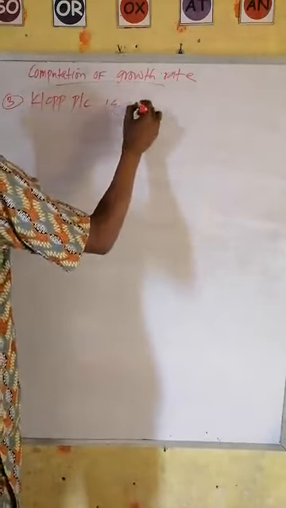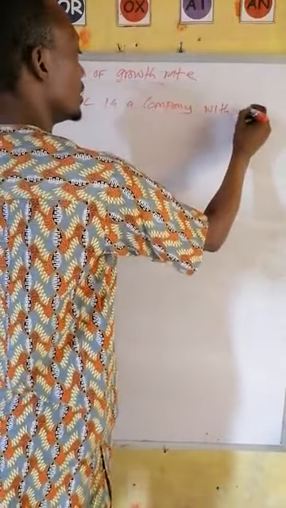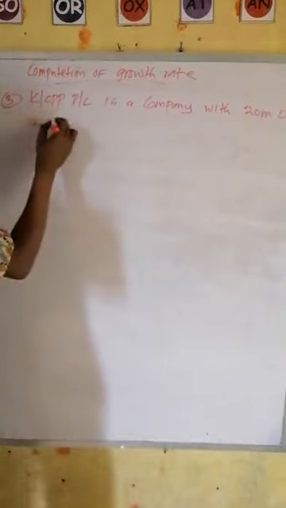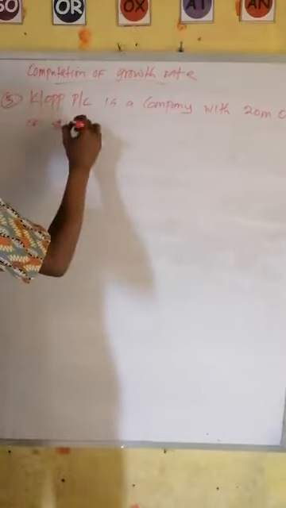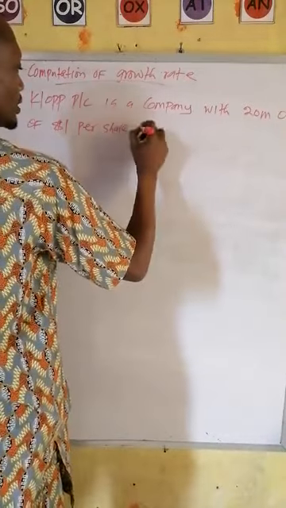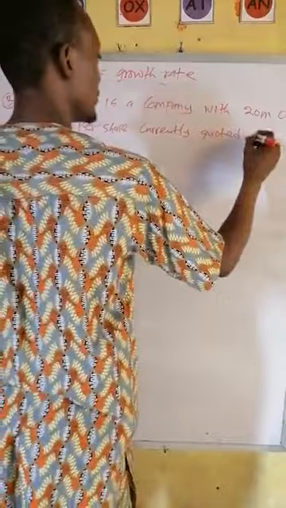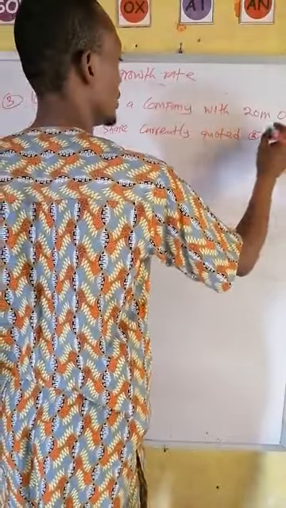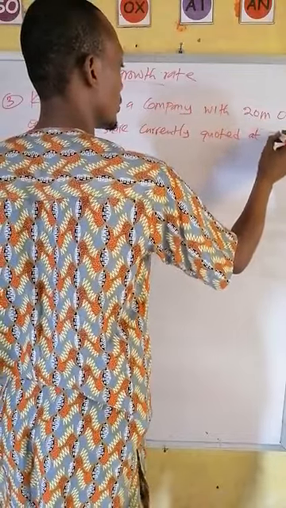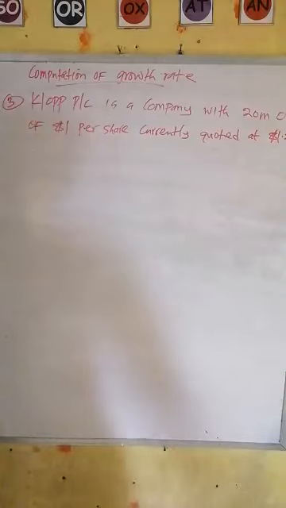Club PLC is a company with 20 million ordinary shares of $1 per share, currently quoted at $1.20.